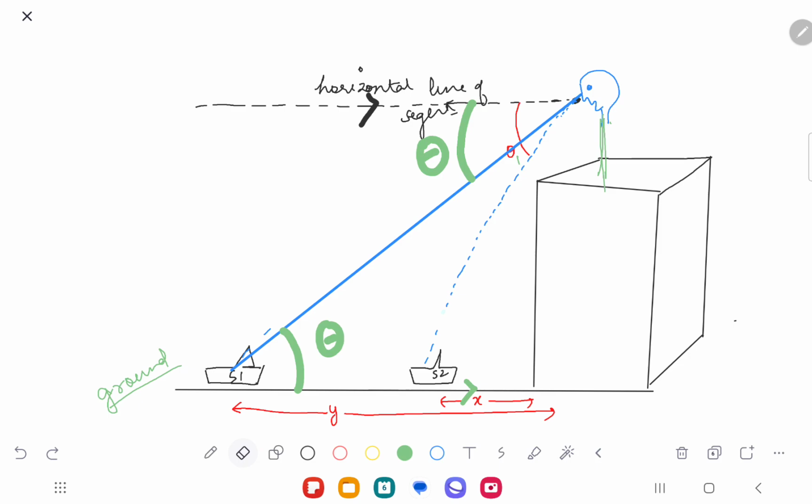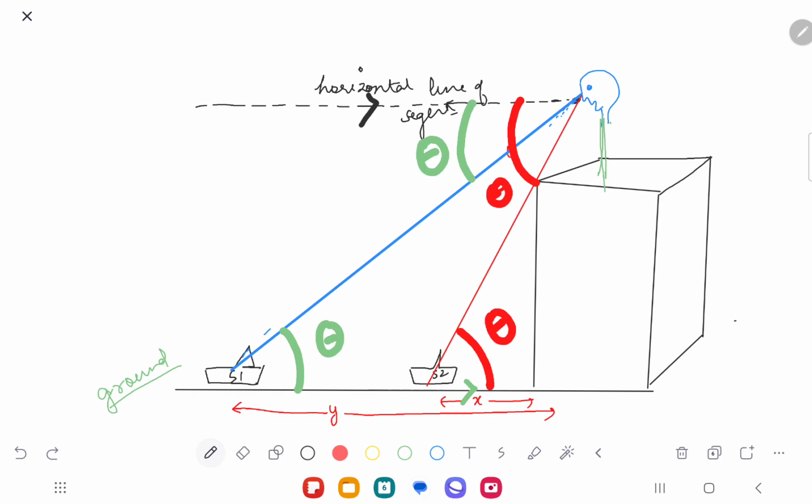See, this horizontal line to focus at ship 2. So don't you think that this particular angle which we have right here, the red theta, they must be the same? Understood or not?